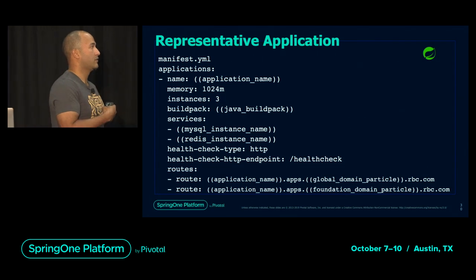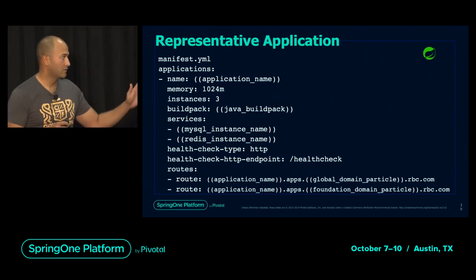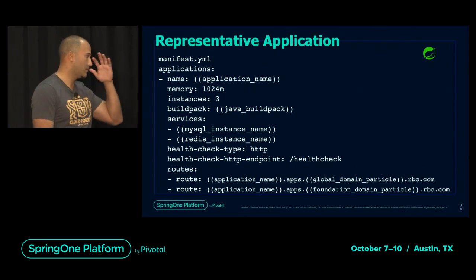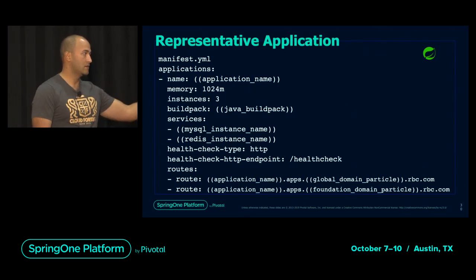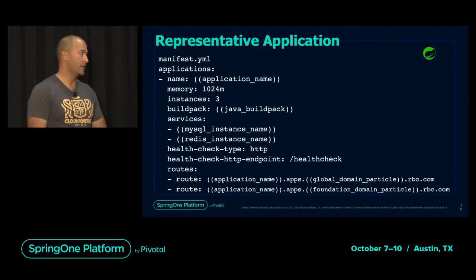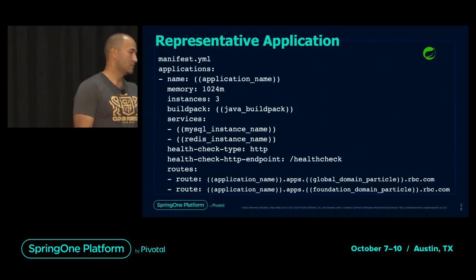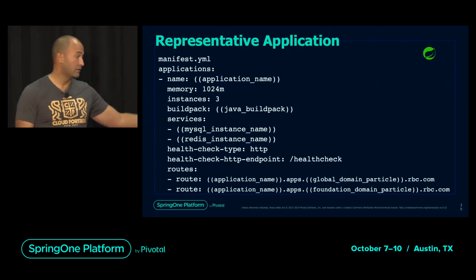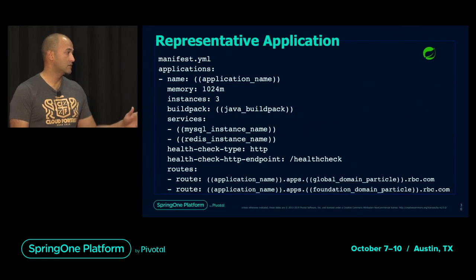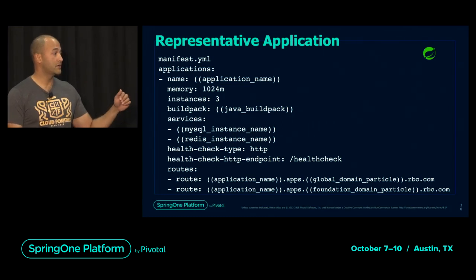Okay, so here's a sample manifest of that representative application. I won't go through all the details here. It's pretty simple, but you can see here that there are the data services that we bind to. There's some health check values provided, as well as, and probably more importantly, the routes. And so we have two routes that we recommend and that we actually measure.